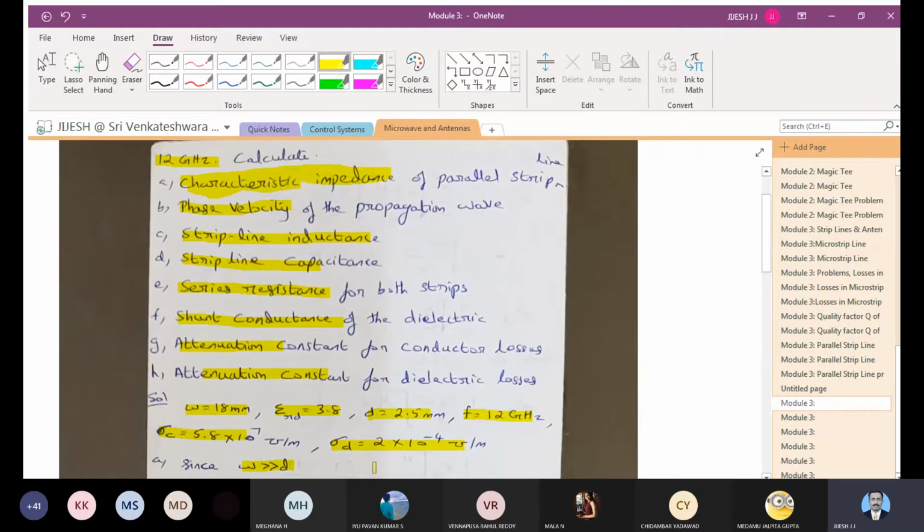First to go with is the equation for the characteristic impedance. You can try this.